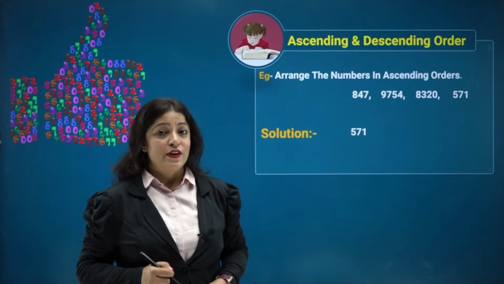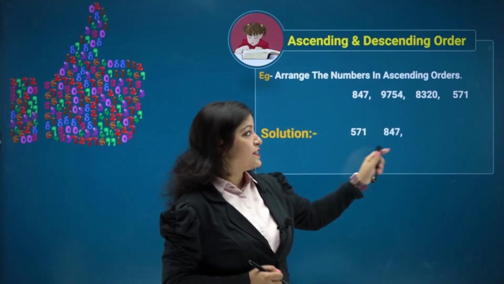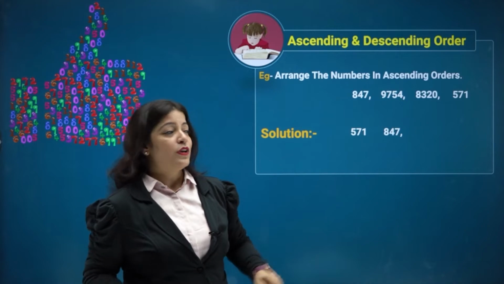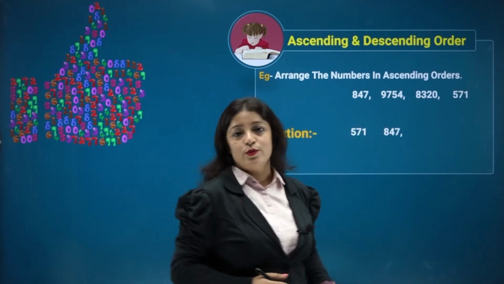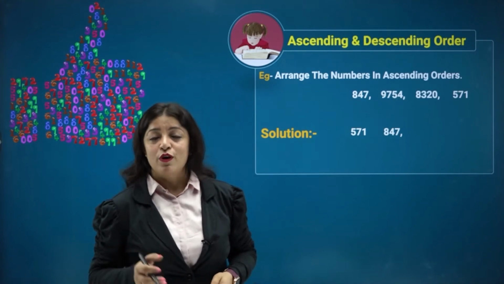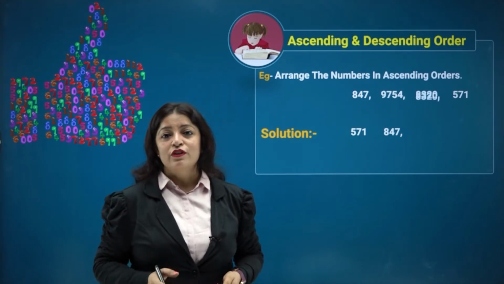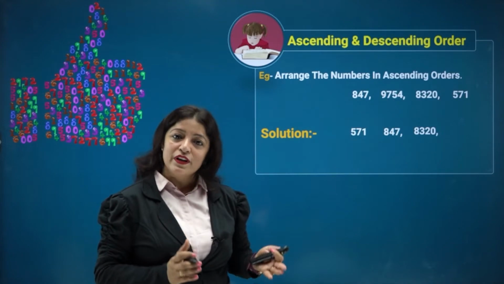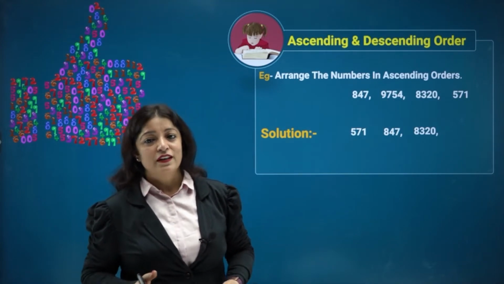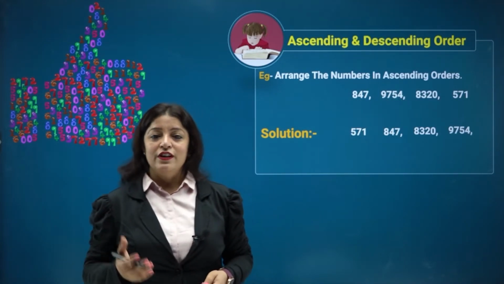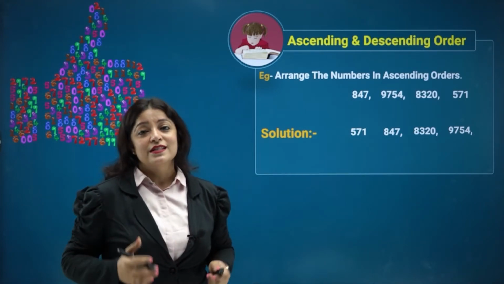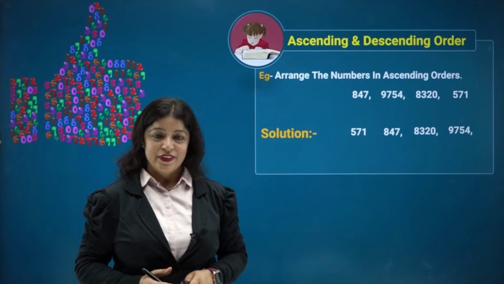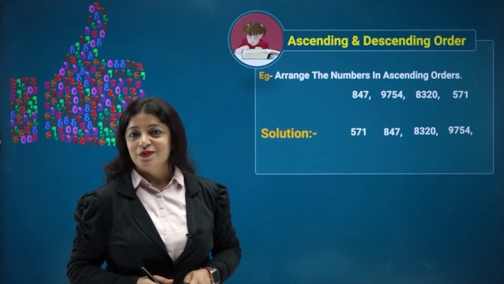After this, we will write 847. Now the remaining two numbers, 9754 and 8320. On comparing these two, we find the number with 8000 is smaller. So that number will be written first, and then we finally write 9754. And this is your sequence in ascending order. Isn't it very simple now?